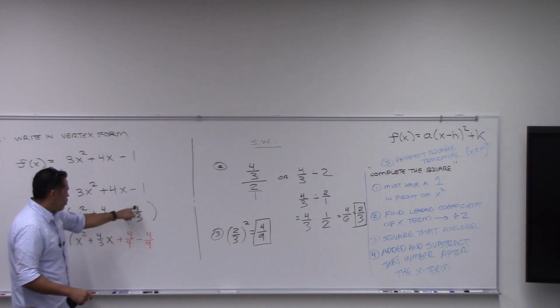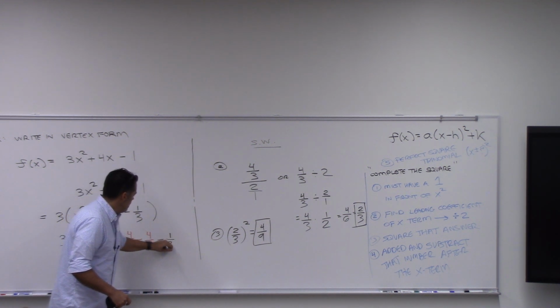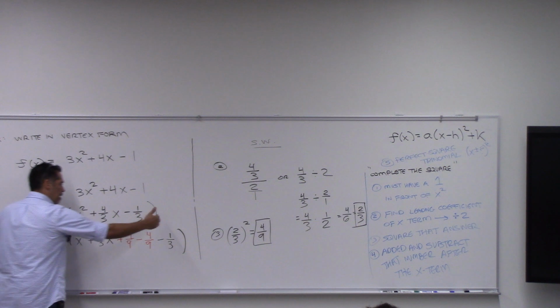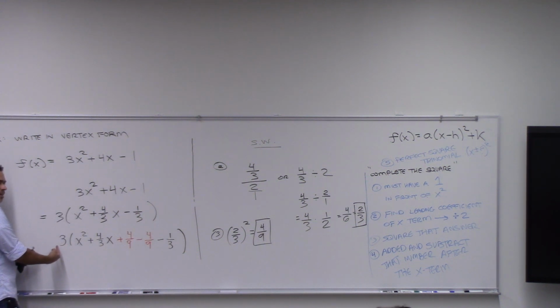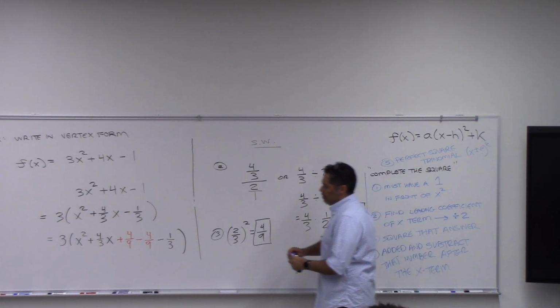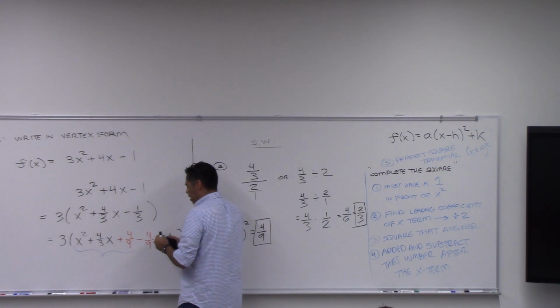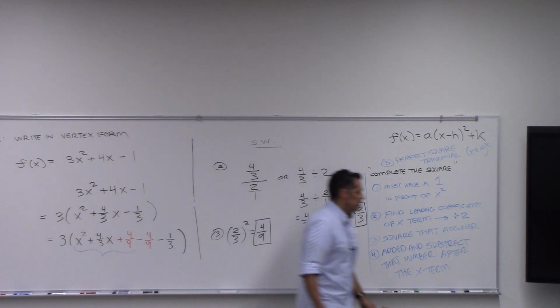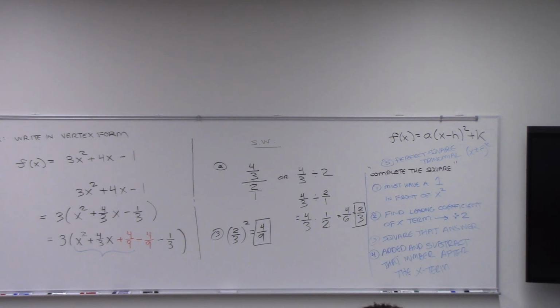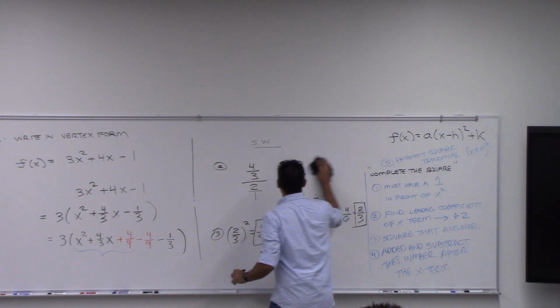I still had minus 1/3, didn't I? So I still have a minus 1/3 there. And all of that was living in this parenthesis with a 3 sitting in front. It looks worse than it is. What am I guaranteed about those first 3 terms? They factor, right? To be a perfect square trinomial. So I'm done with my scratch work, at least this part of it.